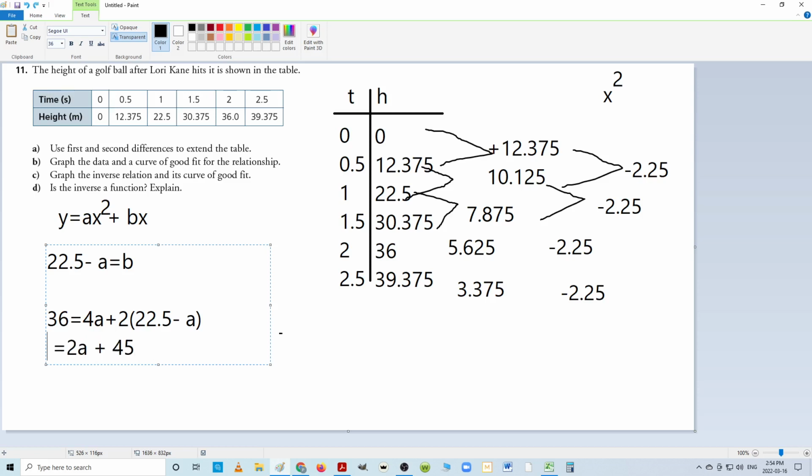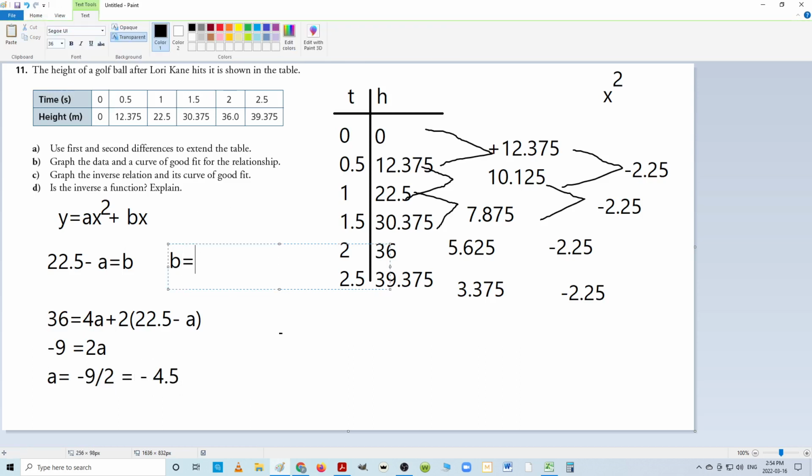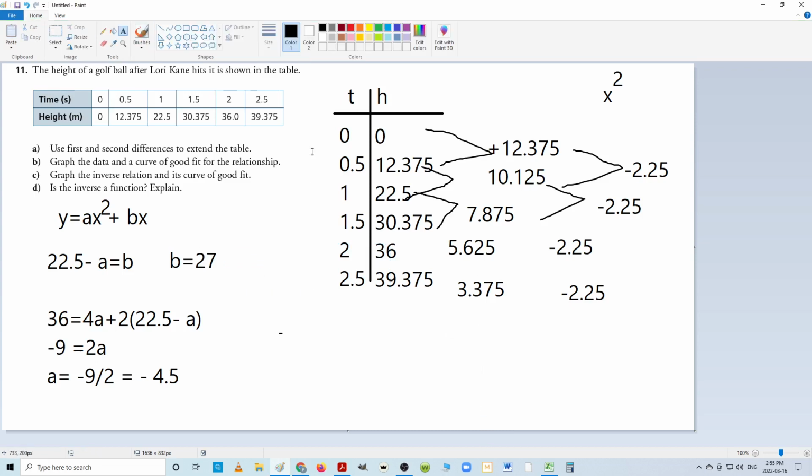Yeah, let's see. 4, yeah, minus 9 when the 45 goes the other side, which means a is equal to negative 9 over 2, which is equal to negative 4.5. And if a is equal to negative 4.5, then b is equal to 22.5 minus 4.5, which is plus 4.5, which is 27. So you can see we figured it out algebraically what this is equal to.